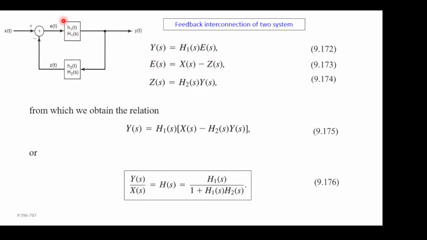So big Y should be big H1 times E. Then from this subtraction here, big E should be big X minus big Z. And also from this system application here, big Z should be big H2 times Y, because everything here is Y; this branching is copying. Okay, so then you have three equations here, and you can substitute out E and substitute out Z.